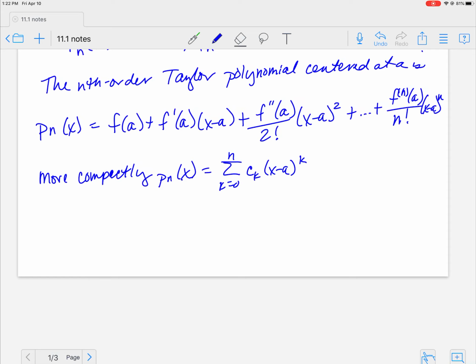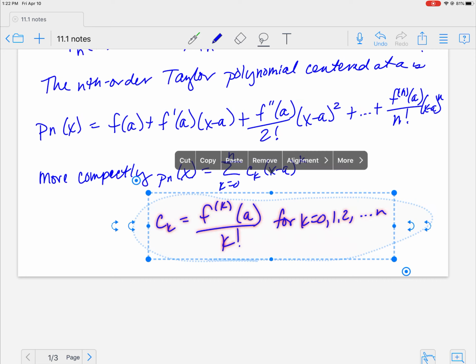So I'm just writing this down. So this is what we're actually going to do. This is my generic here. So this c sub k, then I'm going to be more descriptive here with this c sub k. So where c sub k actually equals f to the k of a over k factorial, for k equal to 0, 1, 2, all the way up to n. All right. So typically how you write this, I'm going to scoot this over here just a tad.